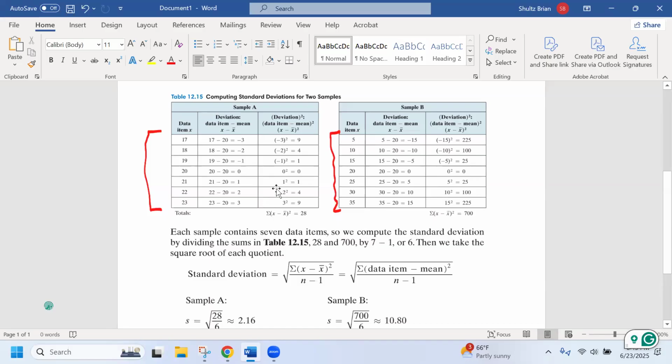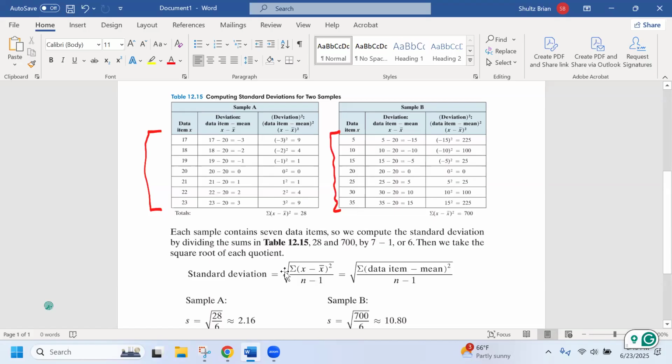This is how we used to have to do it back in the old days before we had these nice machines. We had to find the deviation, which is taking the number and subtracting the mean and getting these values. Then you had to find the square of the deviation, which was -3 squared is 9. Then you had to add those up, and you get this value right here.